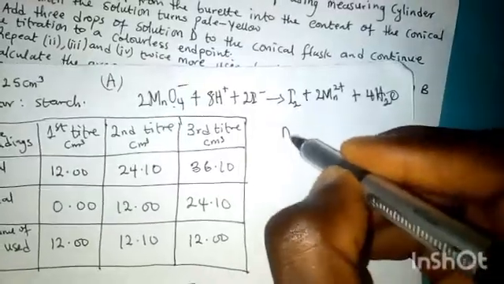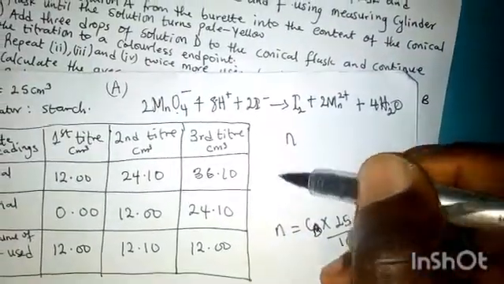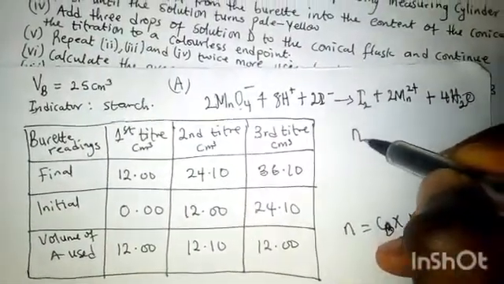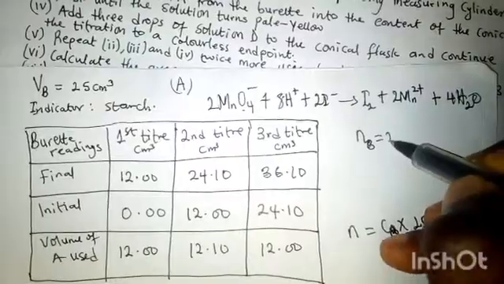In this reaction, the number of moles of KMnO4 is 2, so we call that NB is 2.